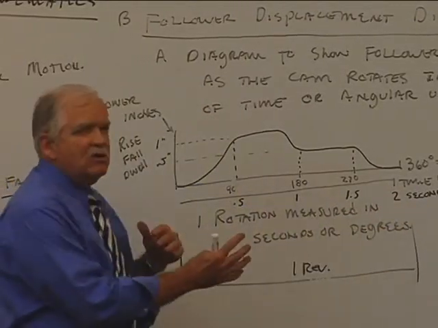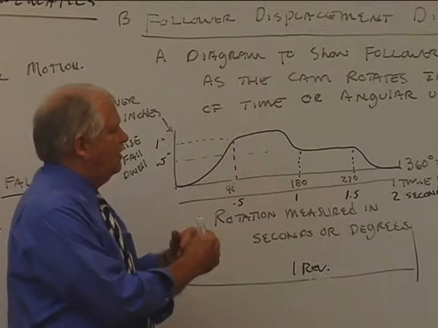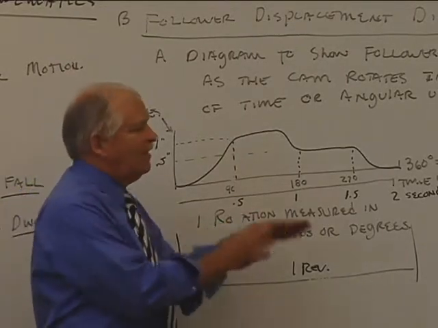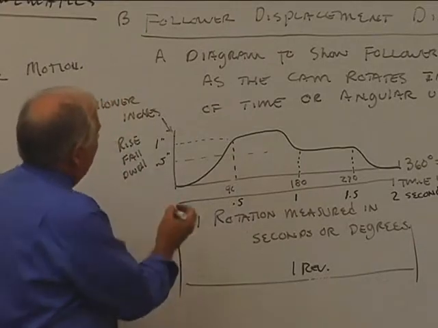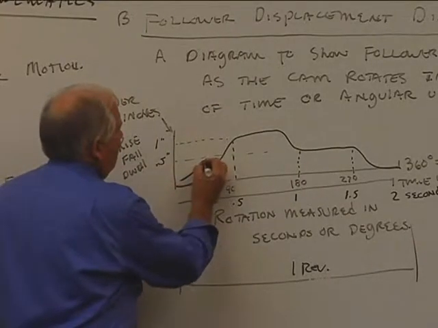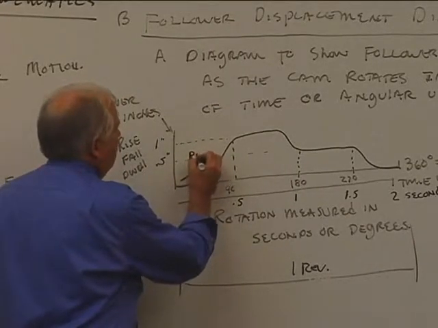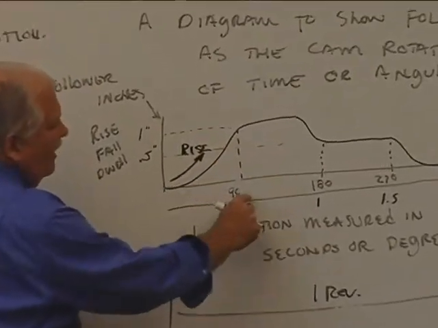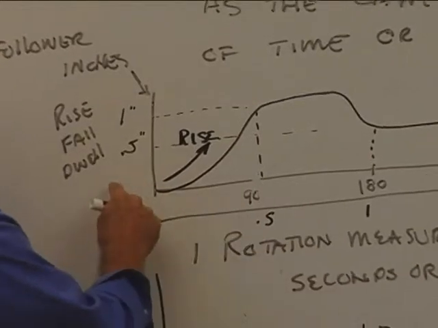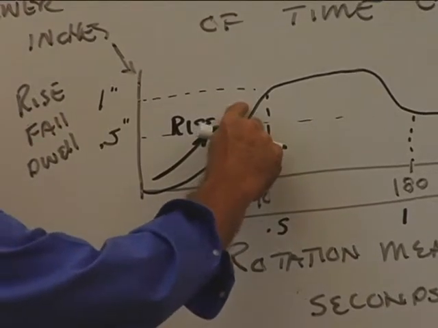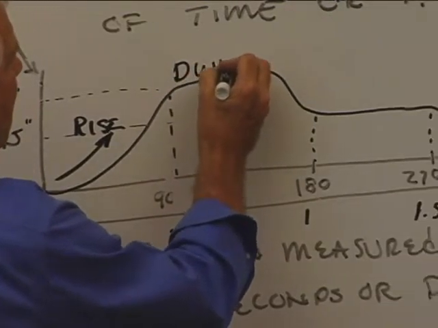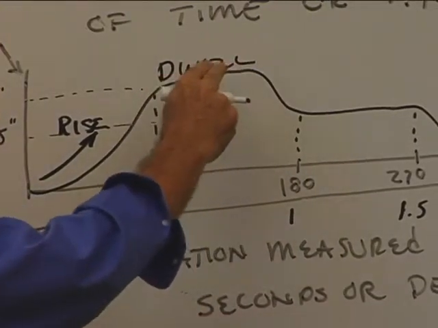So I can measure the motion of the follower either by the angular measurement or by the time. Now, if I follow this and you take a look at it, you can see this is rise. So through this 90 degrees, or half a second, the follower is rising up to a whole inch. Then across the top, it's dwelling. In other words, neither rising nor falling.